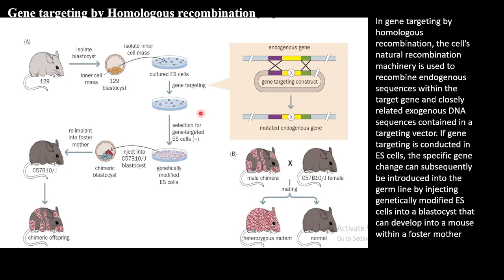Now you have to select, because not all of these cells are going to show this HR, homologous recombination, with your vector. So there will be some specific cells which will show this homologous recombination. You have to select these cells. So how you can select it?